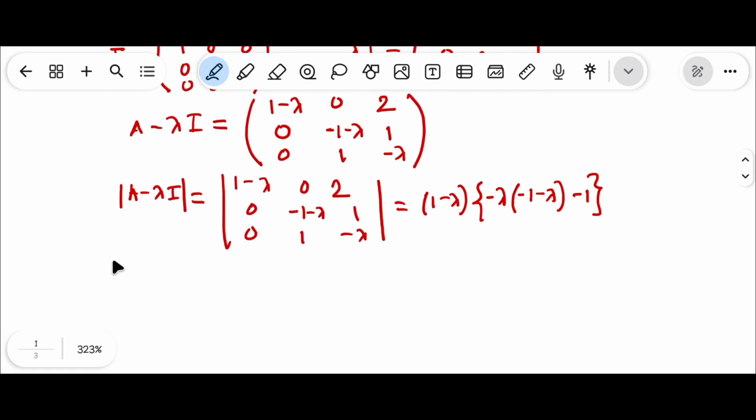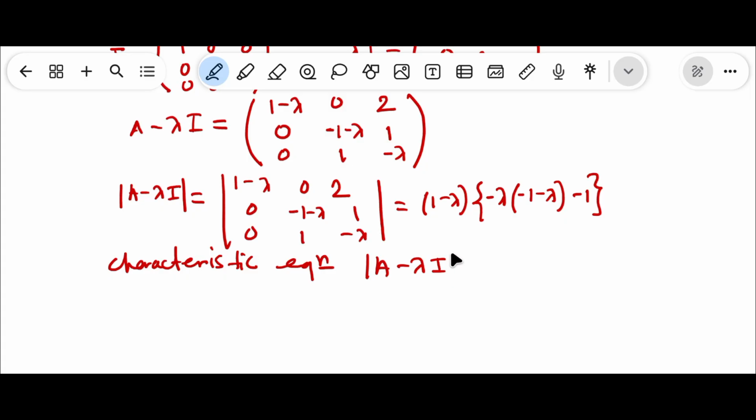Therefore our characteristic equation is nothing but determinant of A minus lambda I equals 0. That means 1 minus lambda into, if I calculate this side, lambda into (1 plus lambda) minus 1 equals 0.